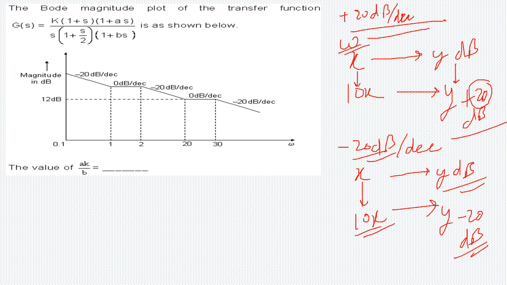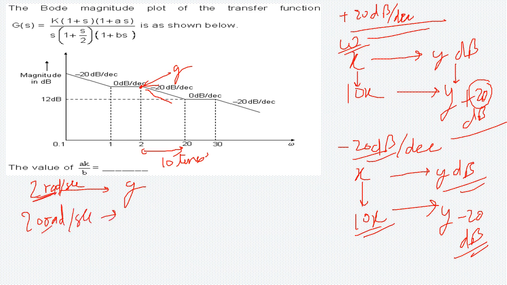Now consider my gain at 2 radians per second as some value G. It goes from 2 to 20, which is 10 times, and the slope is minus 20 dB per decade. So at 20 radians per second, my gain should be G minus 20.